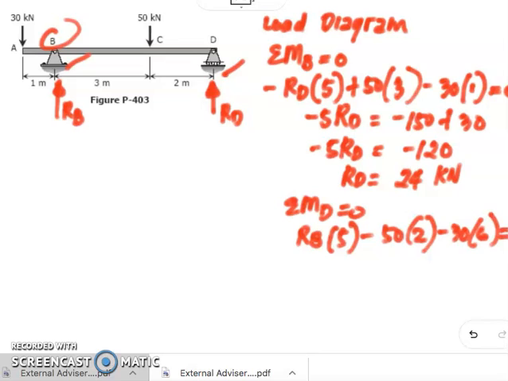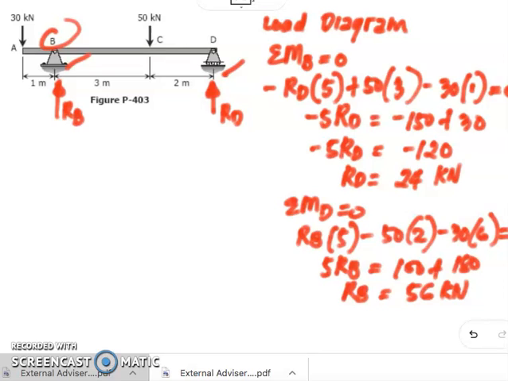So 5 R sub B is equal to 100 plus, transposing, 180. So R sub B is equal to 56 kilonewton. After computing R sub B and R sub D, we now have our reaction forces.